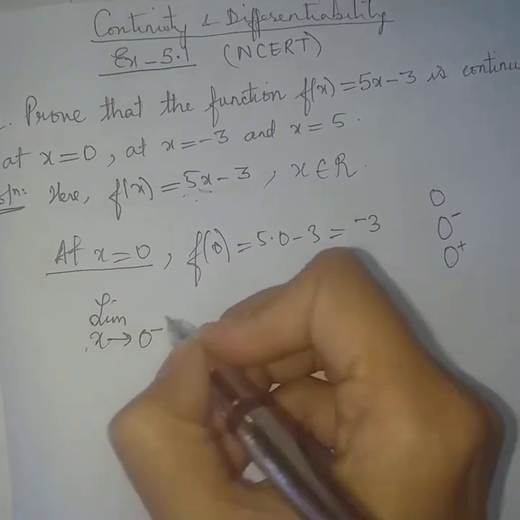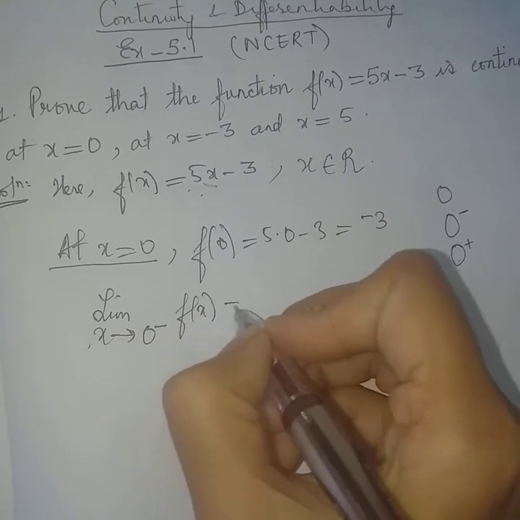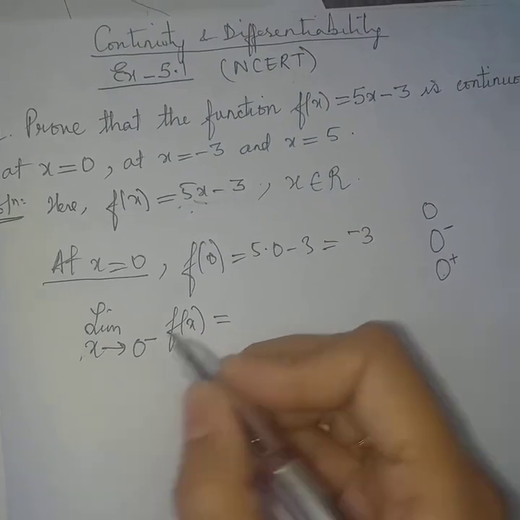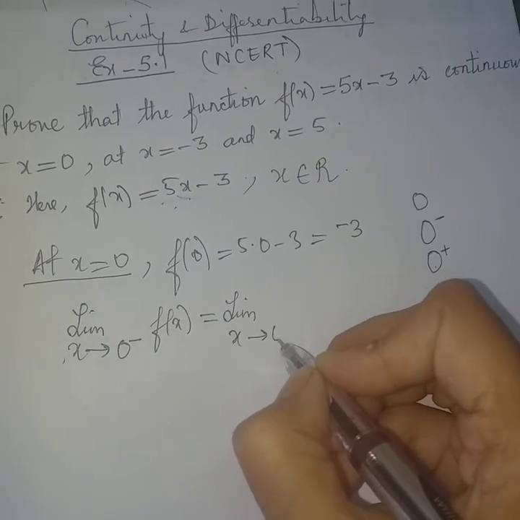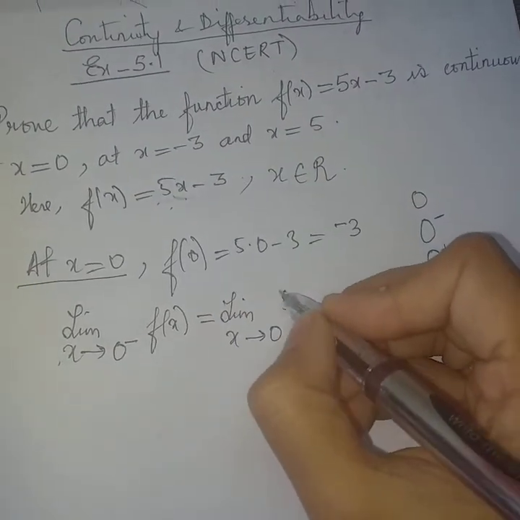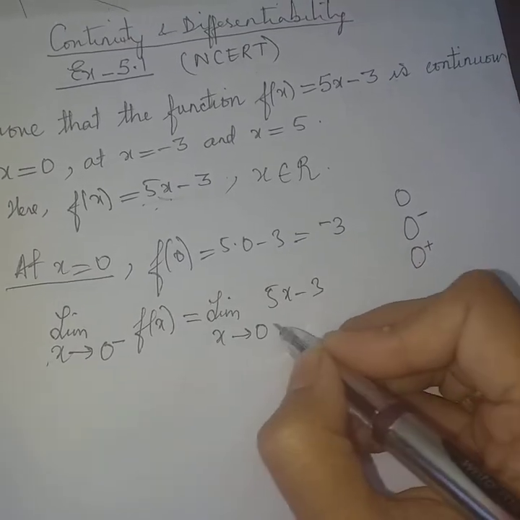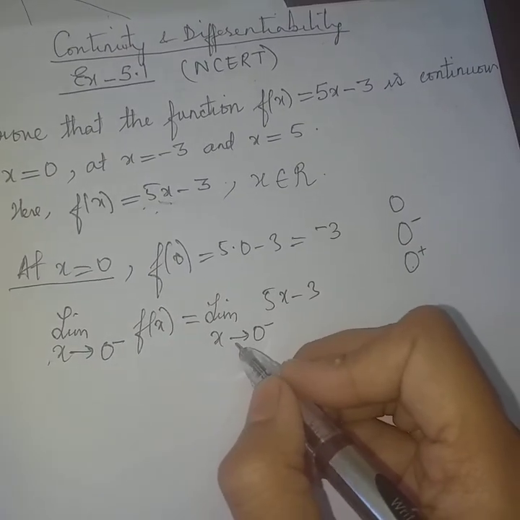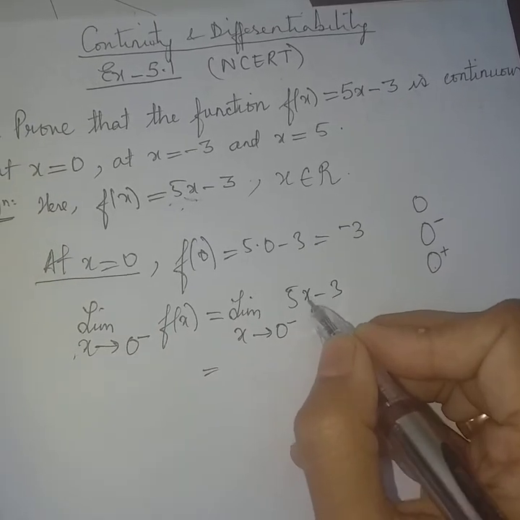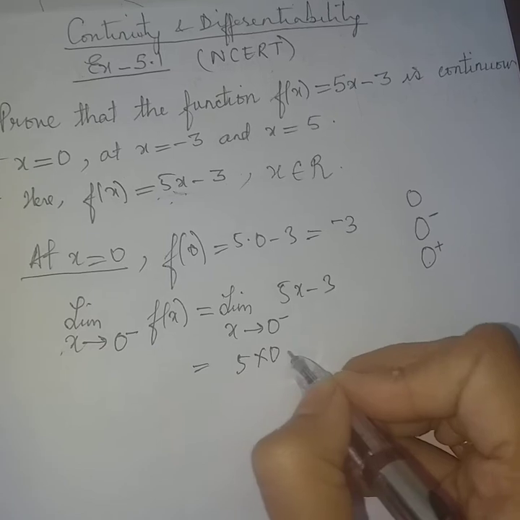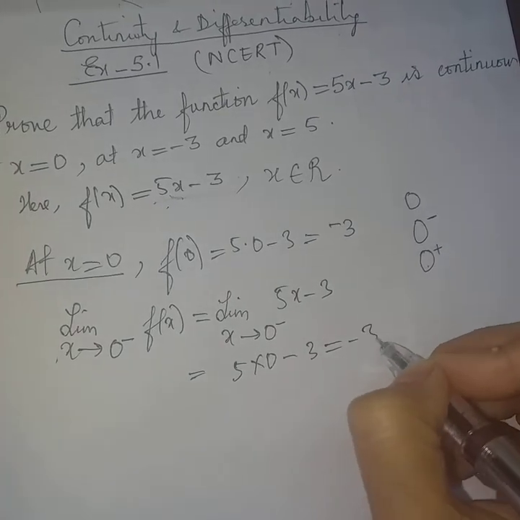We have learned that when we write x tends to 0 minus, it is at the point slightly less than 0. So the function is the same. So here x tends to 0. In place of x we put 0. So what we get? Minus 3.